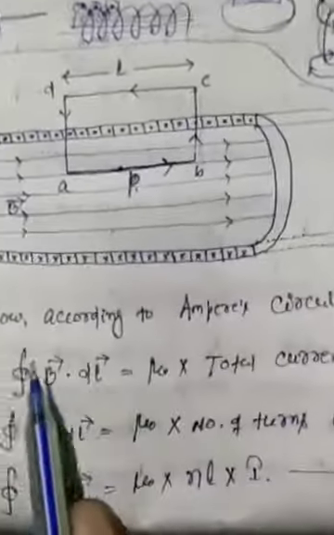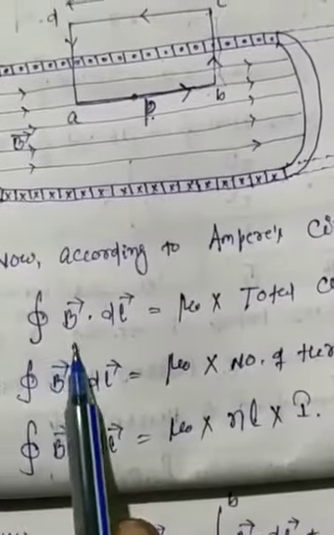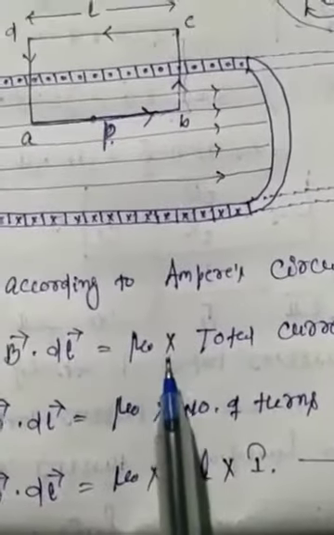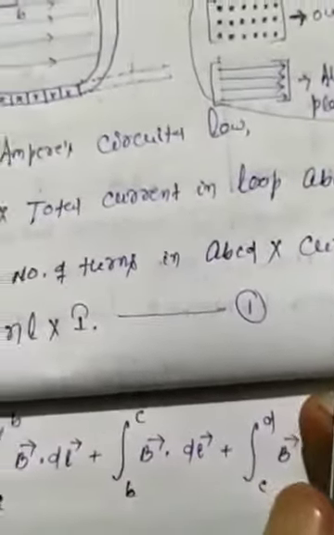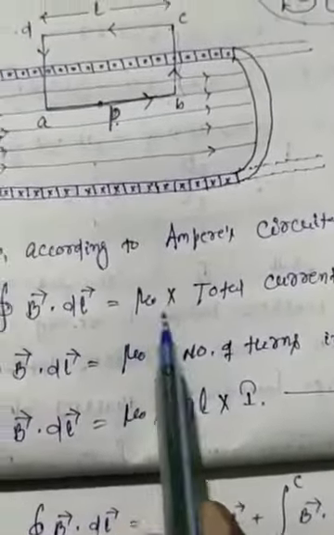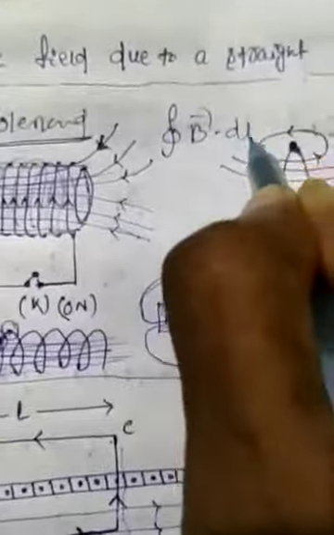Now, according to Ampere's circuital law, the closed integral of B dot dl is equal to mu 0 into the total current in the loop ABCD. According to Ampere's circuital law, the closed integral of B dot dl is equal to mu 0 into I. What is I?